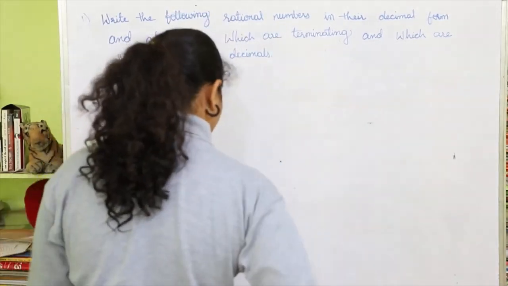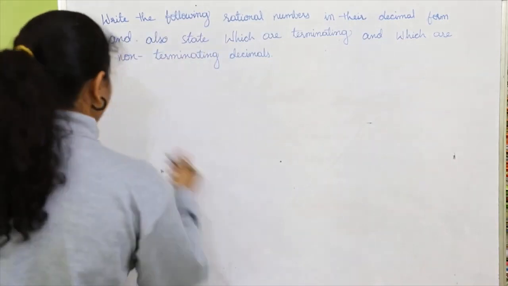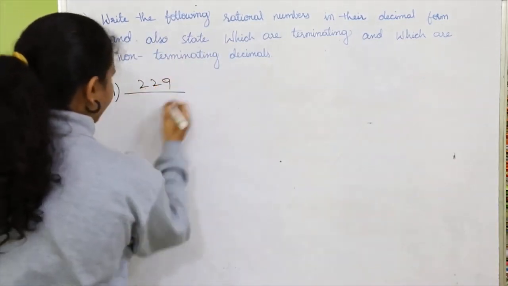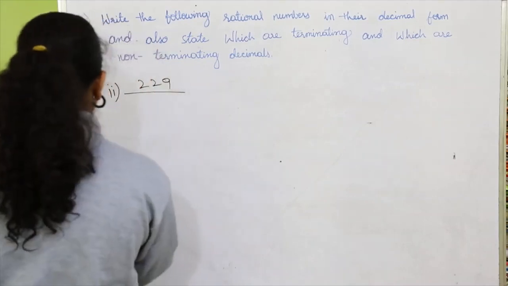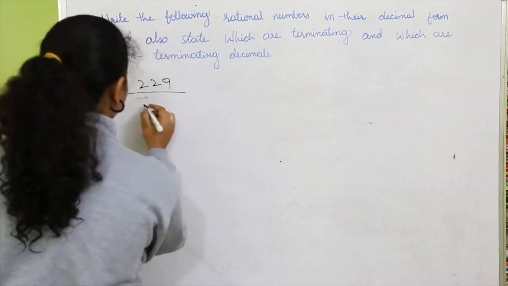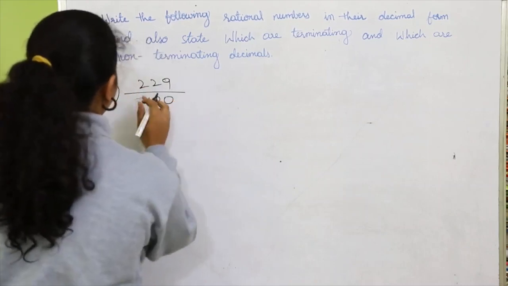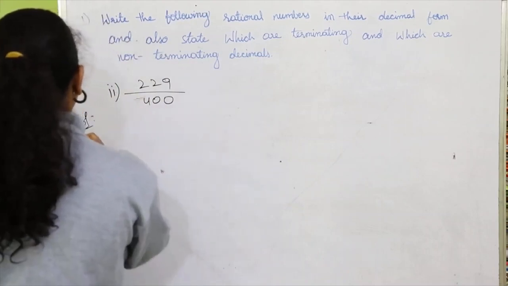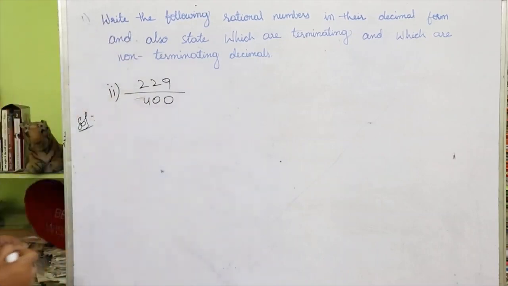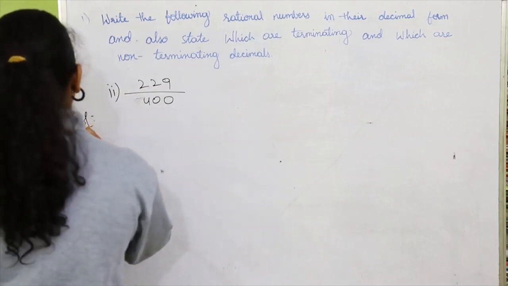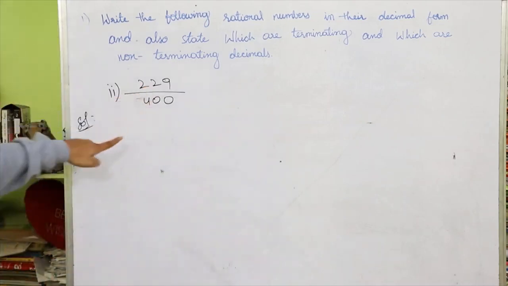The second question is 229 divided by 400.